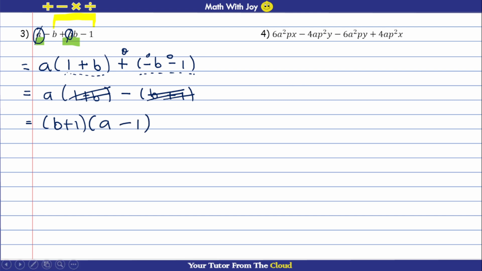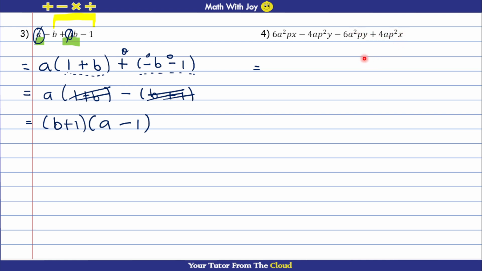Again, factorize by grouping. Right, now let's factorize this together. I will first evaluate what's going on here. We have 6a squared px, then I have a number minus 4, ap squared y, and I have a squared py, and I have a ap squared x.